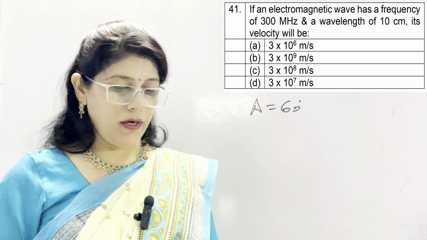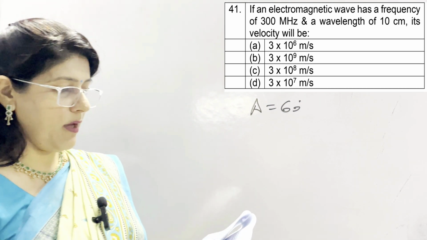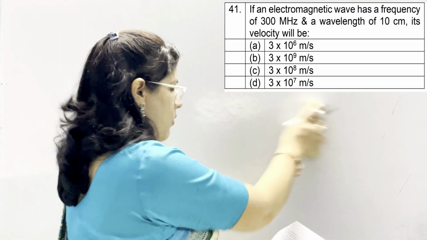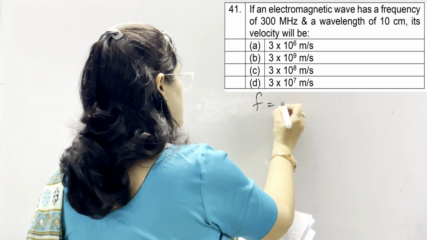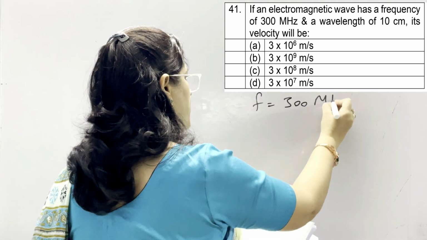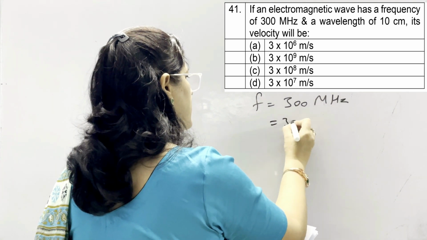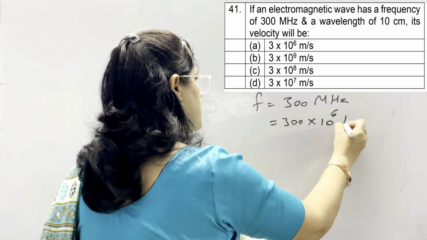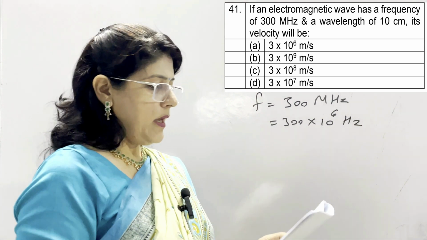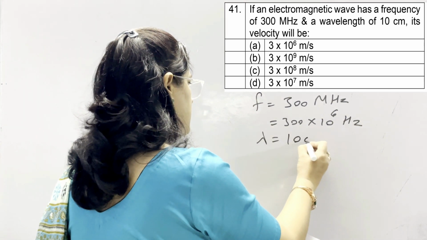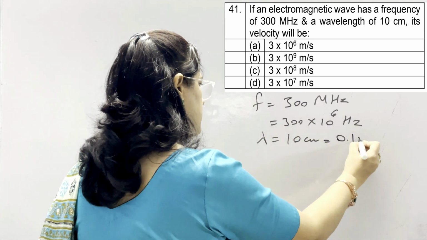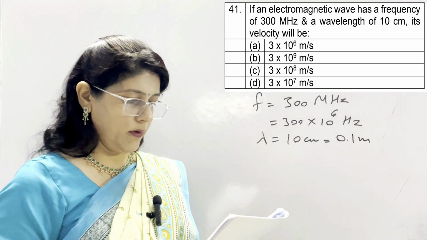Question number 41. An electromagnetic wave has a frequency of 300 megahertz. Frequency is given as 300 megahertz. Mega means 10 raised to power 6 hertz. It has a wavelength of 10 centimeter. Lambda is given as 10 centimeter and we need to convert it into meter, 0.1.